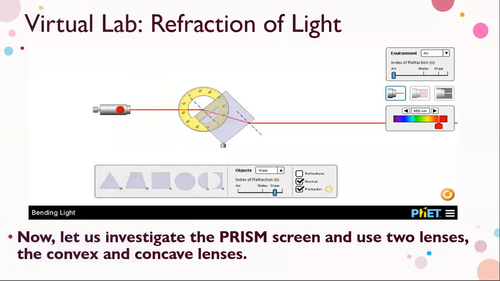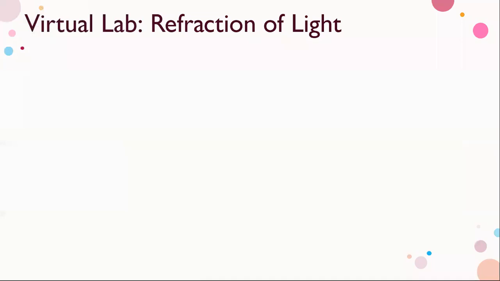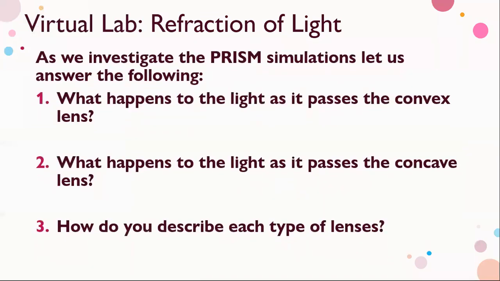Now, let us investigate the prism screen or the prism simulation, and we are going to use two lenses, the convex and the concave lenses. Before we move into that, as we investigate the prism simulations, let us answer the following questions. First, what happens to the light as it passes the convex lens?